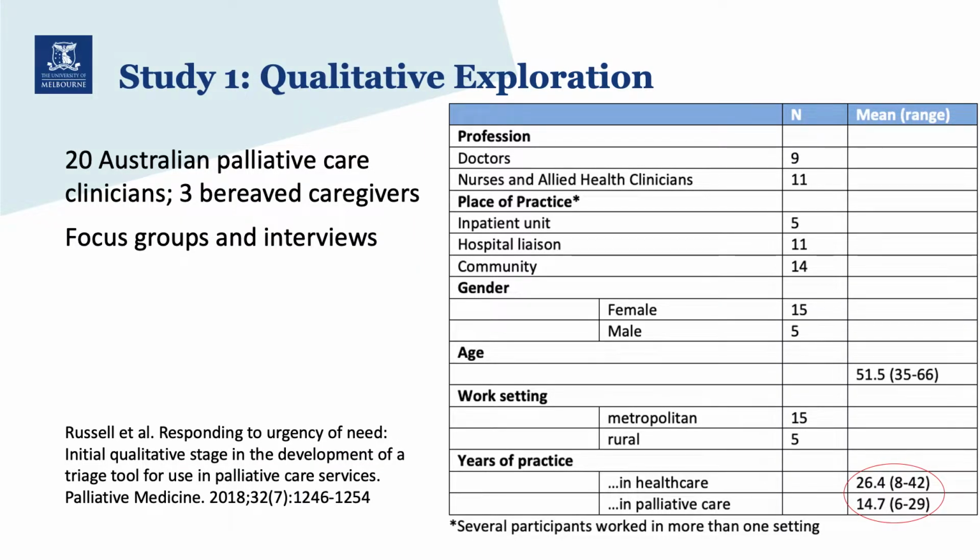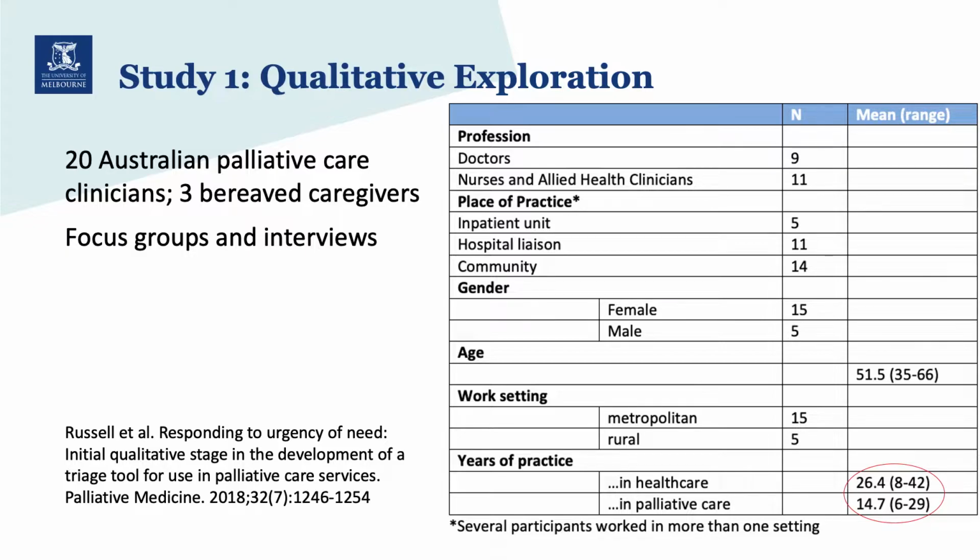So study 1, the qualitative exploration, we talked with 20 Australian palliative care clinicians and 3 bereaved caregivers in a mixture of focus groups and interviews. And you can see from the table here the breakdown of their profession, place of practice, gender, age, work setting. And I'll just draw your attention to the years of practice.